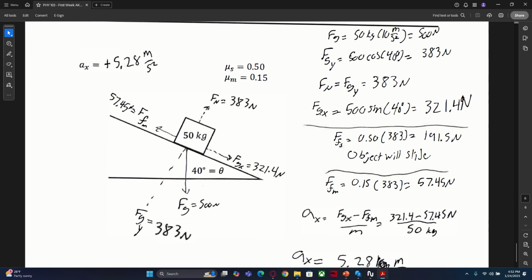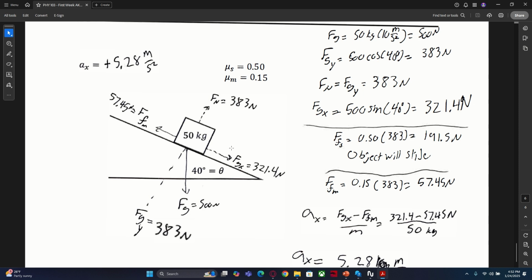Now, force of gravity in the x direction, we're going to need that eventually. So while usually for x components we use cosine, for this specific scenario and only for the gravity vector, use sine. So 500 sine of 40 degrees, that gets us to roughly 321.4 newtons.